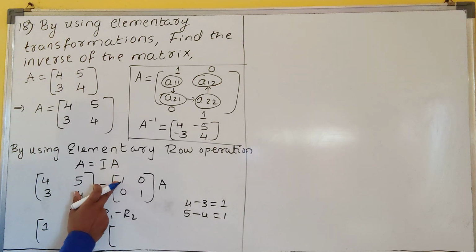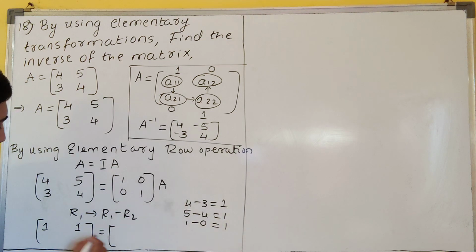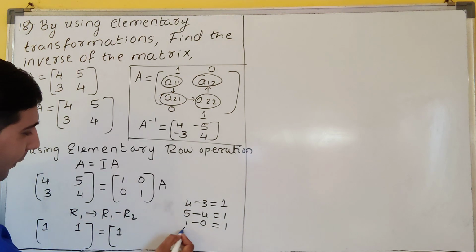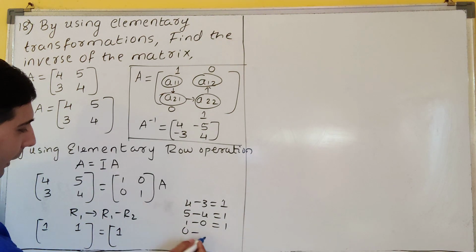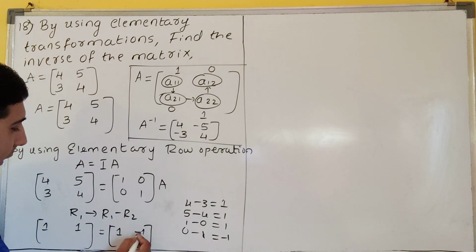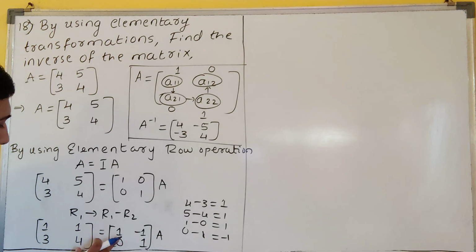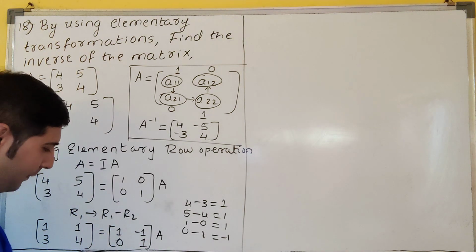On the right side, 1 minus 0, again 1. What a question. Then 0 minus 1 is minus 1, dear students, into A, don't forget. R2 is not changing. You write as is: 3, 4, 0, 1. This is 0, don't get confused.